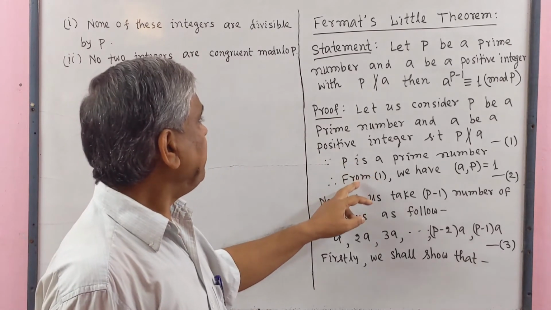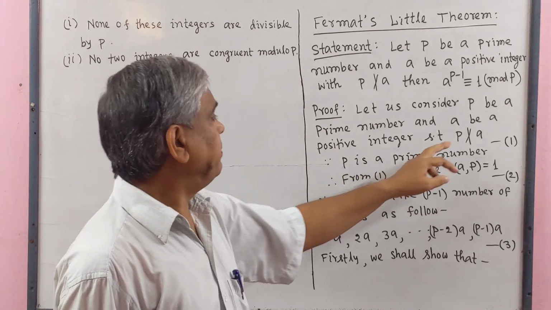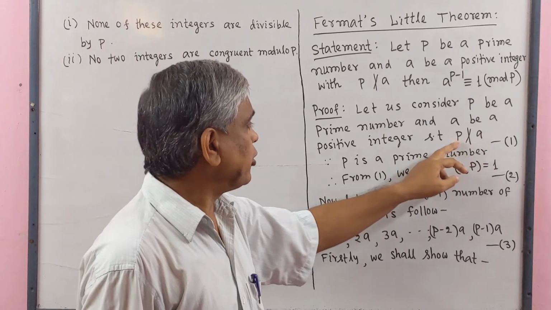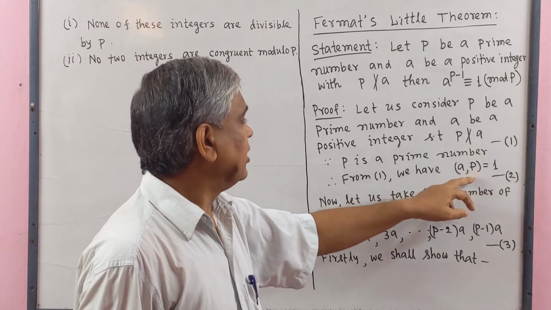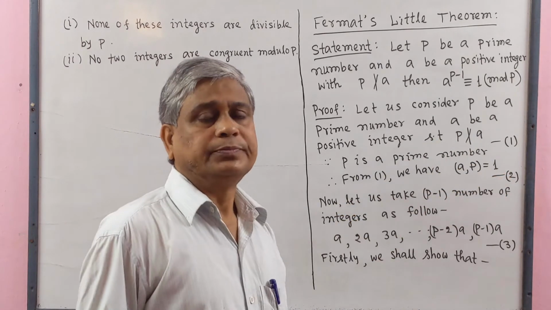Since P is a prime number and P does not divide A, therefore from 1 GCD of P and A is 1. This is number 2.